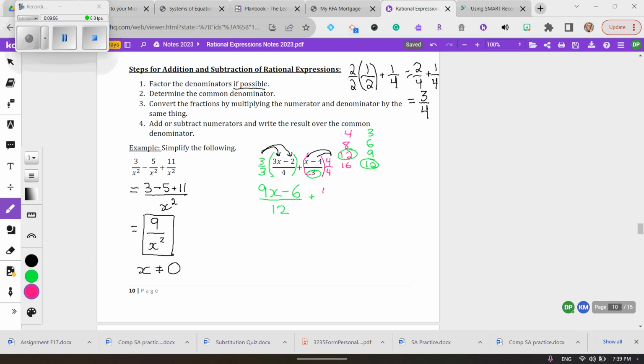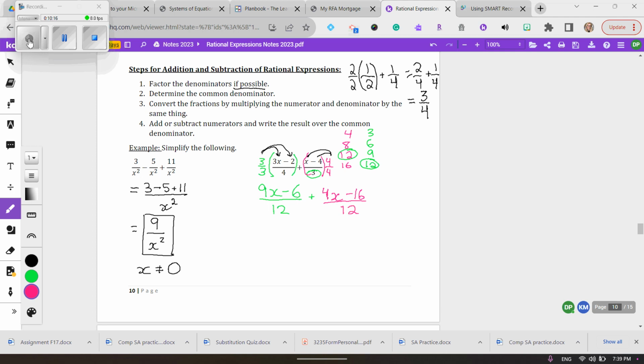So I have 4x minus 4 times 4, which is 16, all divided by 3 times 4, which is 12.